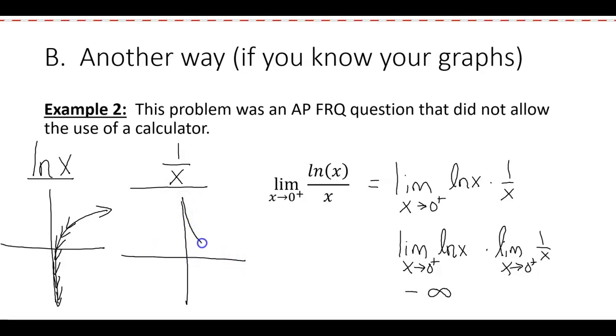It looks like this. It has two pieces to it. Now, if I'm approaching 0 from the right, that's positive infinity. Well, negative infinity times positive infinity is negative infinity. Okay? And so that's how you would do that one.